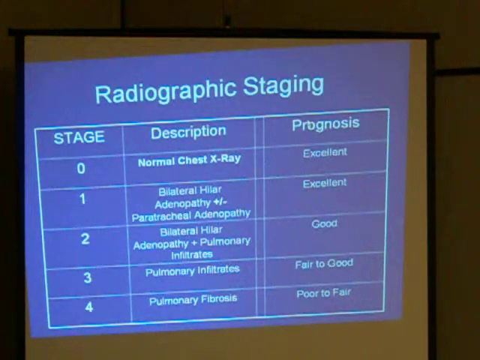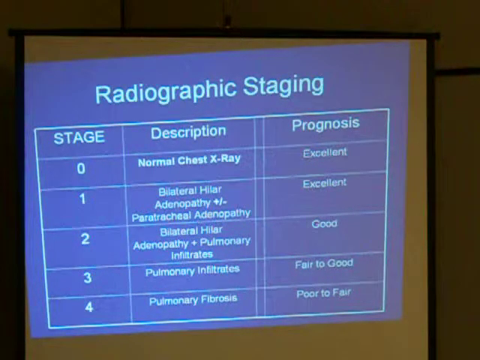Okay, so here's the radiologic staging. There is such a thing as stage 0, normal chest x-ray. How the heck do you get that? Well, they refer from skin clinic, usually. Rarely, maybe they refer from the GI clinic. They were doing a liver biopsy for something else and they found granulomas. But it's very, very uncommon.